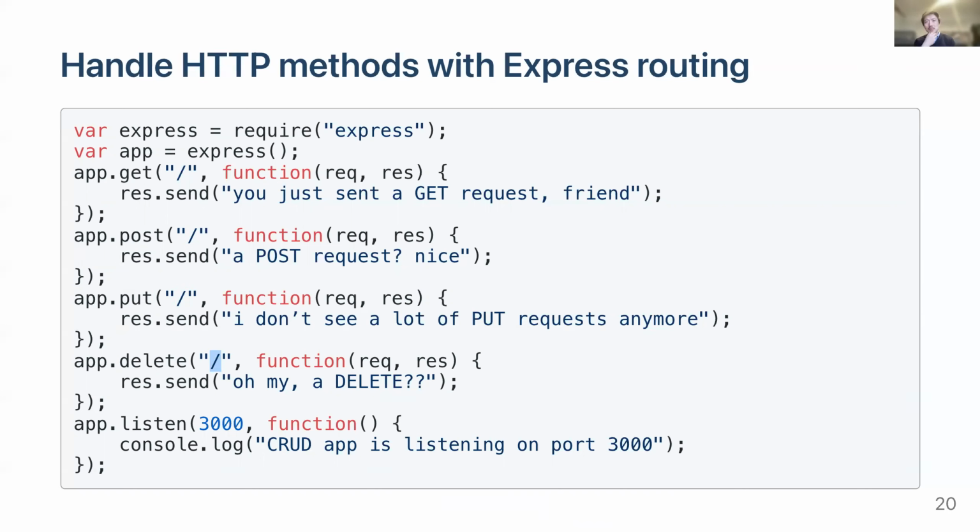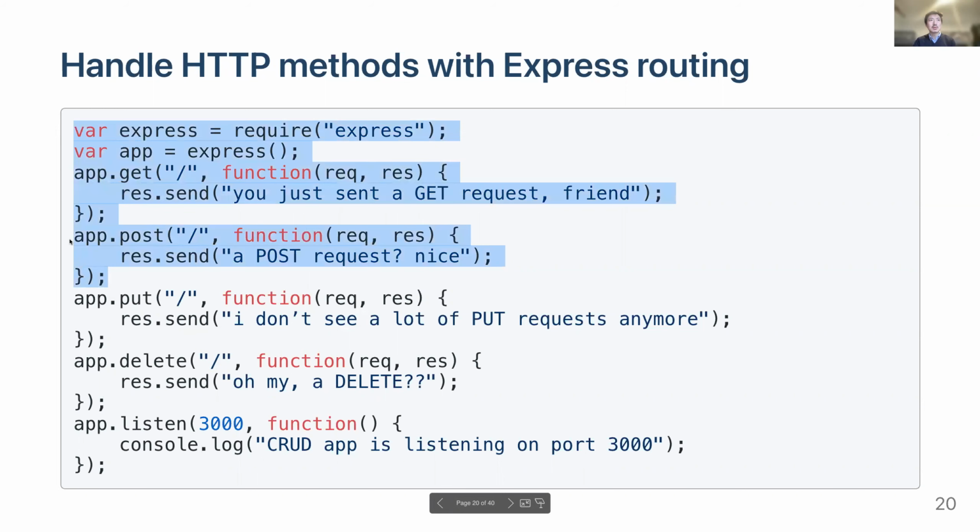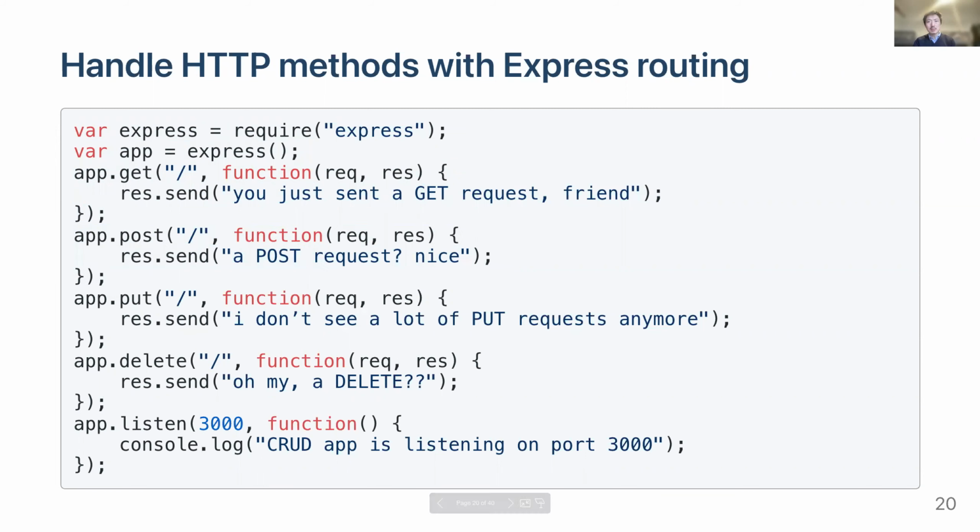Slash means no specific path at all, so only the server IP address or the URL. It depends on the request type or method, and it will run these routes differently. Depending on the request method, only one of these will be run.